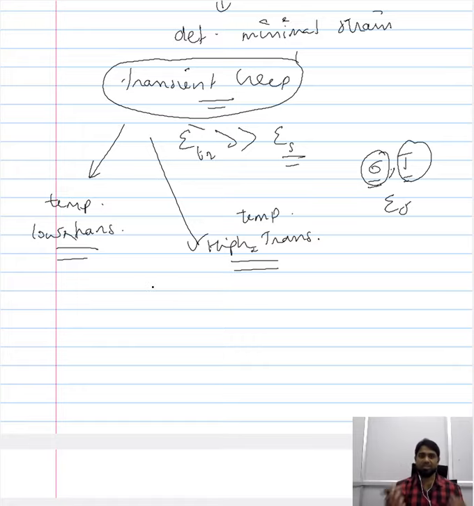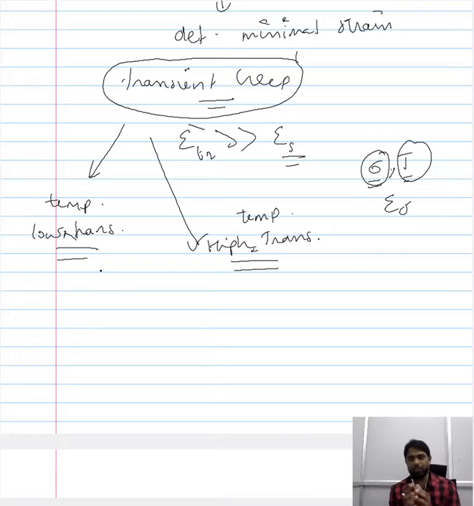Whatever stress you consider, the role of the stress will be dominant in the transient region, and only the role of the temperature would vary depending on its magnitude. So that is the reason why we have low temperature transient creep and high temperature transient creep.